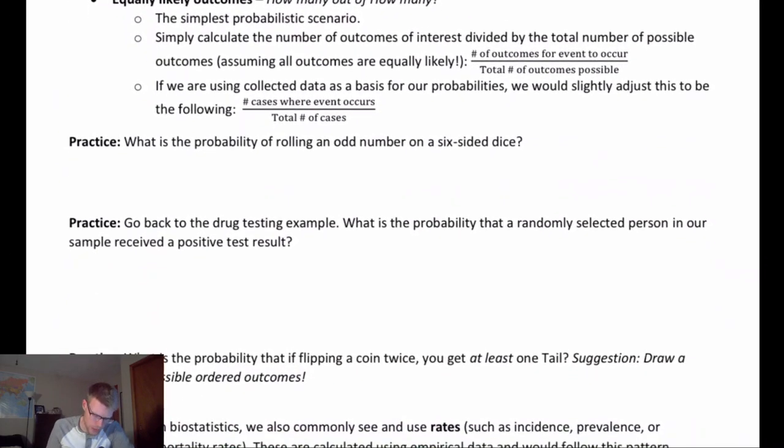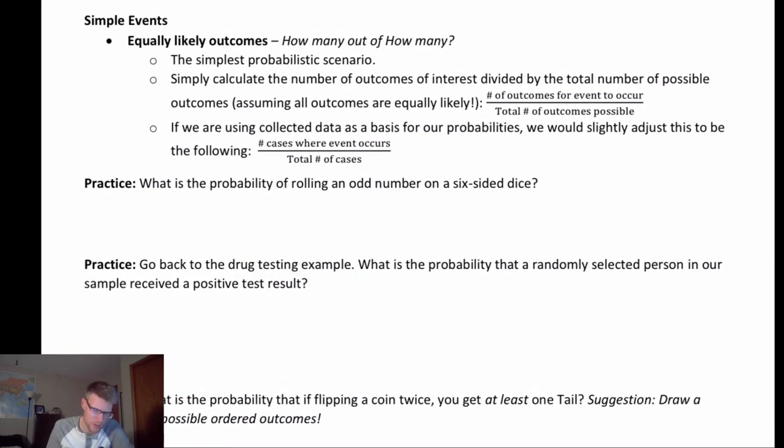I'll also mention this idea of calculating simple events. I'll leave this for you, but just keep in mind that if you're working with equally likely outcomes, like we just did with dice, where 1, 2, 3, 4, 5, and 6 are all equally likely to take place, then I can calculate the probability of an event happening as the number of outcomes that fit that event, divided by the total number of outcomes that are possible there, right?